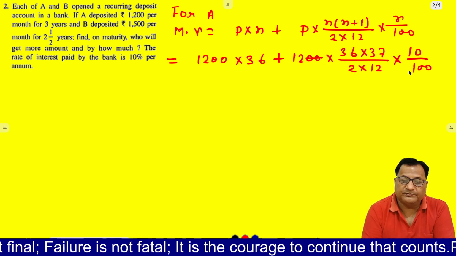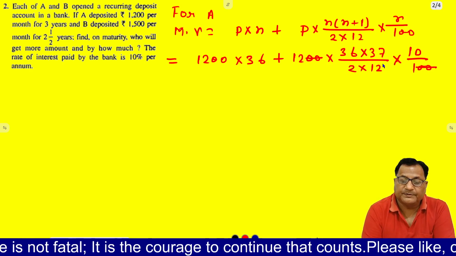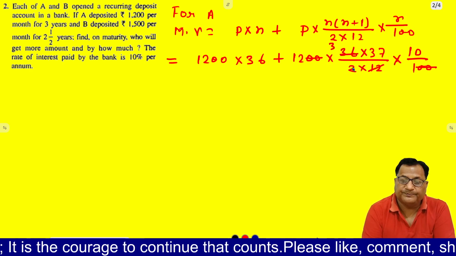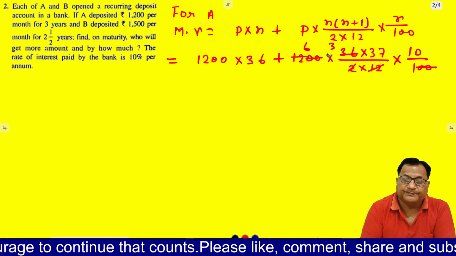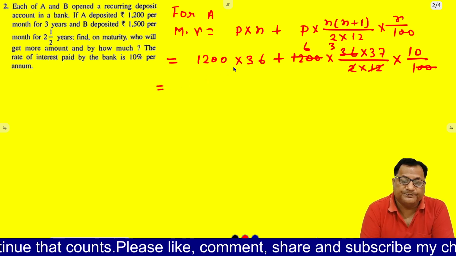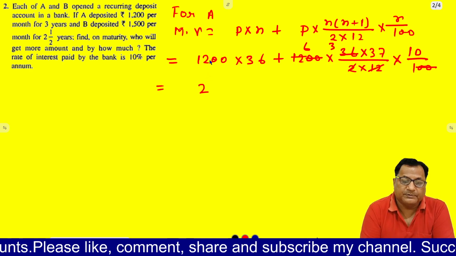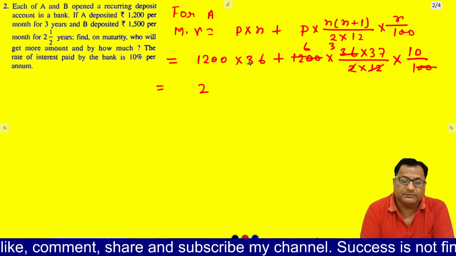So this will be cut, this will be cut. 12 and 36, 6 means 18. 12, 6 is 72, 14, 15.